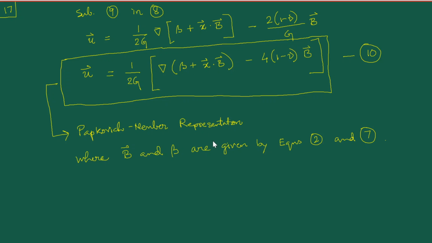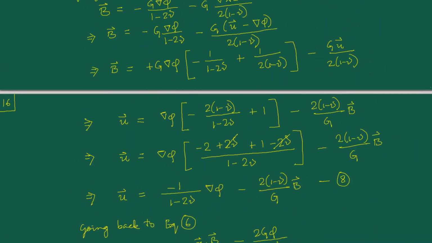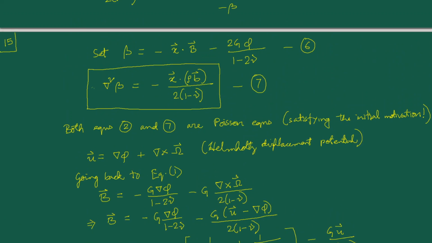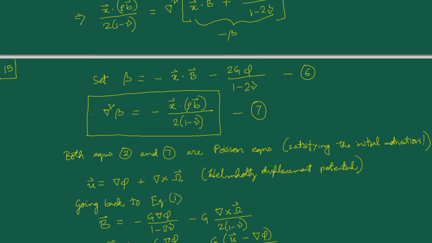Of course it doesn't look as clean and neat as the previous displacement potentials, but please note very importantly, all our initial motivations have been satisfied now. Why? In equation number 7 we have the presence of the body force term. This is a Poisson equation, and we have the mathematical means to solve it.